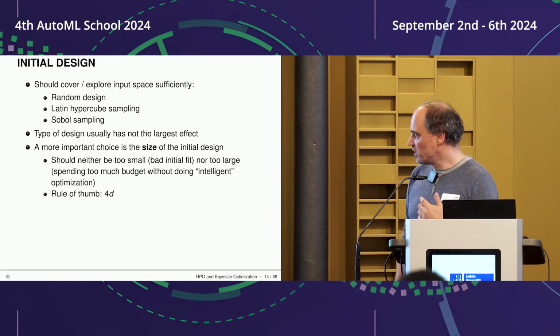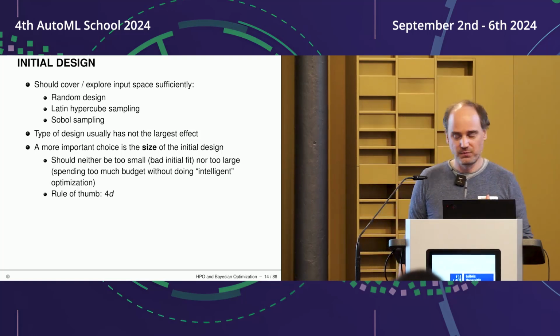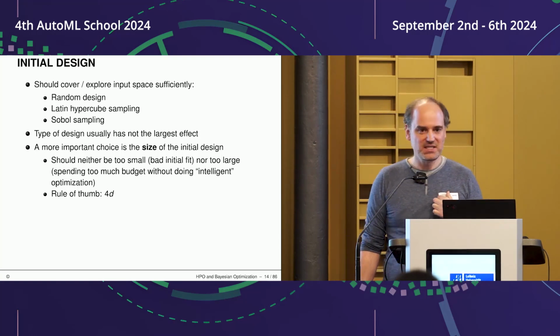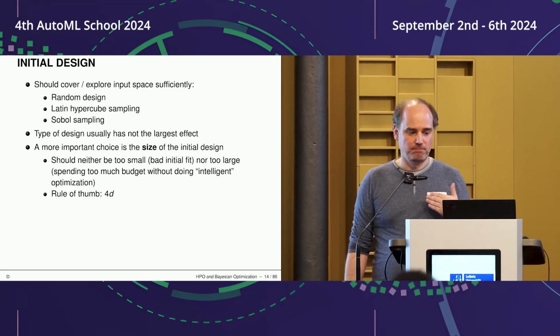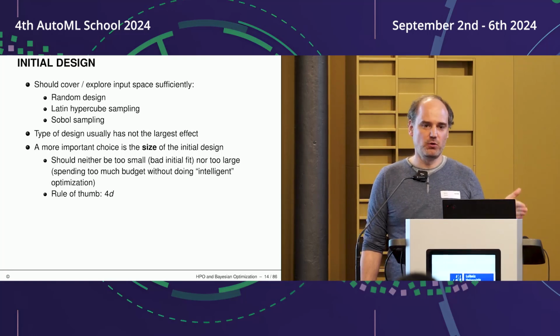Yeah? So usually for GPs, for Gaussian processes, which we'll talk about in some minutes, there's usually this rule of thumb that you should use something like 4 times the dimensionality of the space to 10 times d. So 10 times d can already be quite large in terms of the budget.